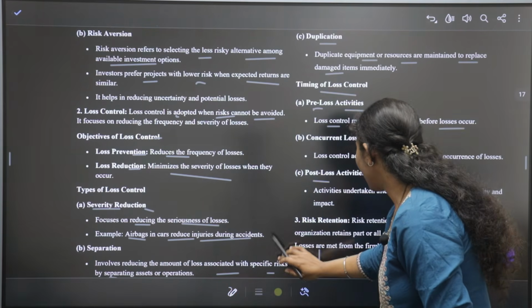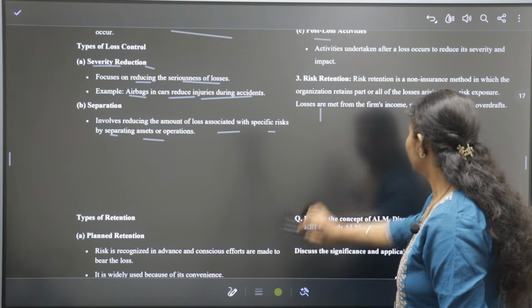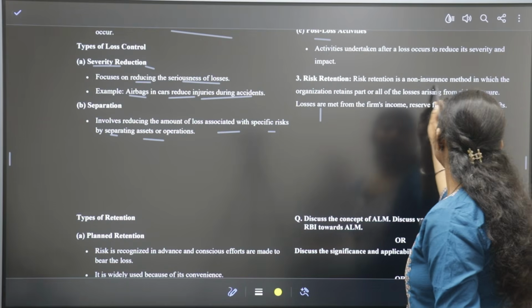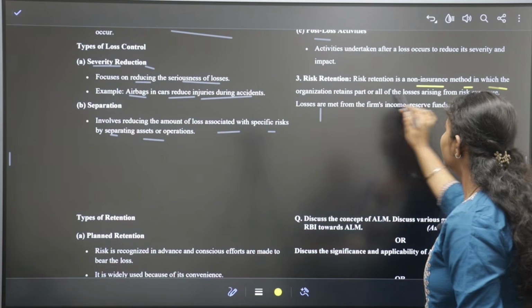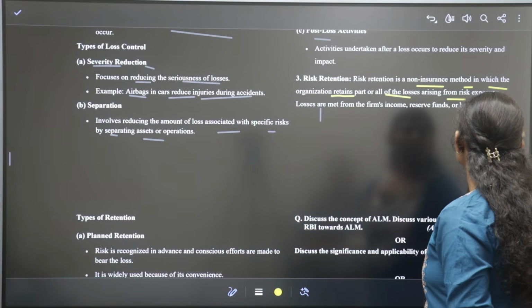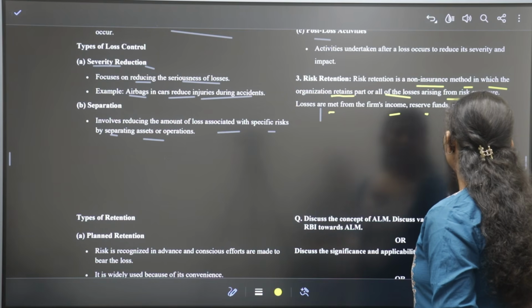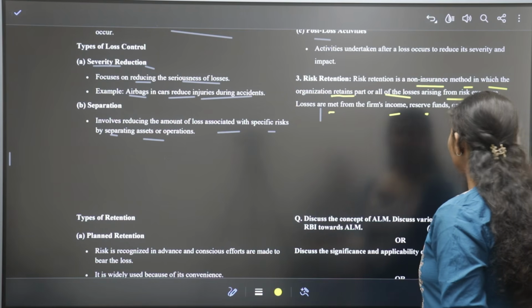Next we have risk retention. Risk retention, as we already discussed, is a non-insurance method in which the organization retains part or all of the losses arising from risk exposure. Losses are met from the firm's income, reserves, funds and bank overdraft.